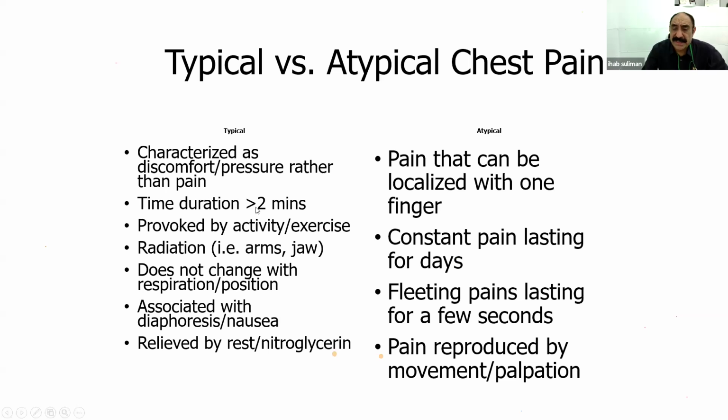And the duration of the chest pain to suggest ischemia or angina is usually 2 minutes at least. But a pain that persists for years and months and never stops is atypical. And pain that comes every second or 2 seconds is also not typical. So it is important to differentiate between typical and atypical chest pain.